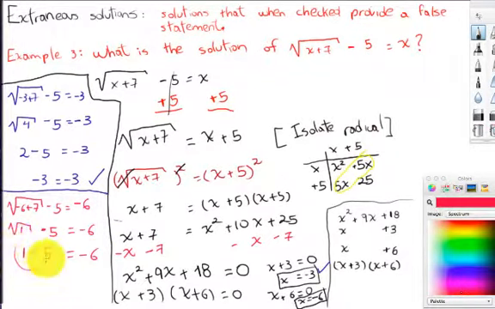Over here, however, I get a negative 4, which is not equal to negative 6. So my extraneous solution would be negative 6, and the only solution here would be negative 3, because as we saw, negative 6 doesn't work.